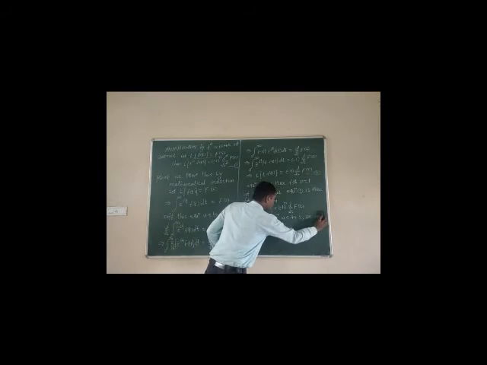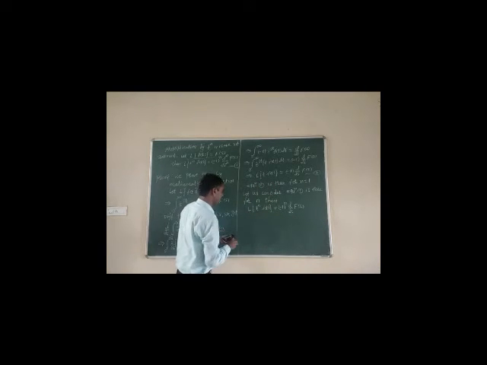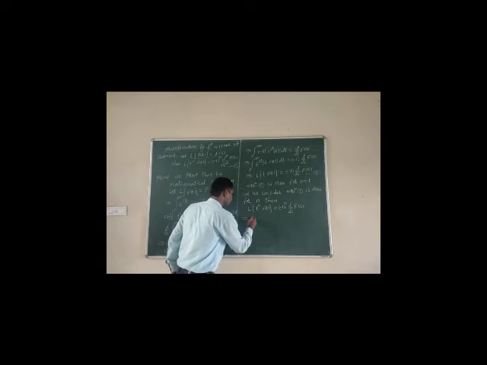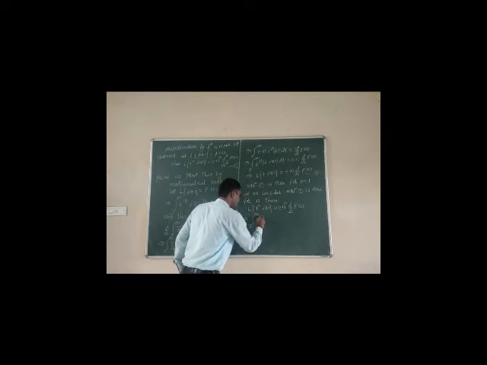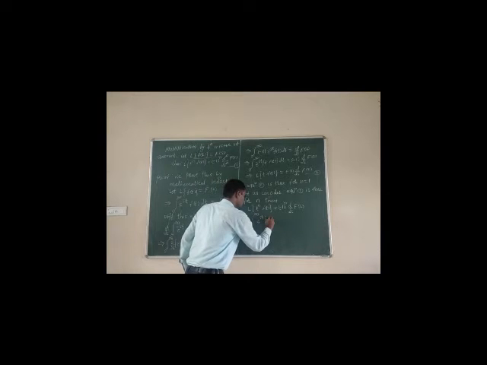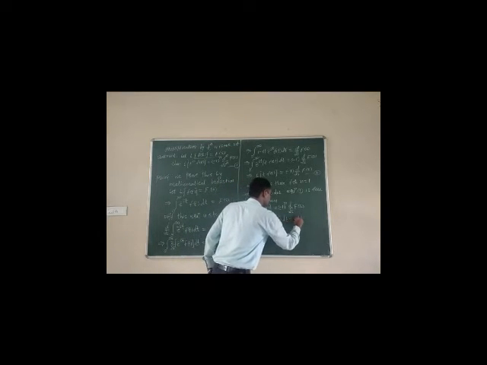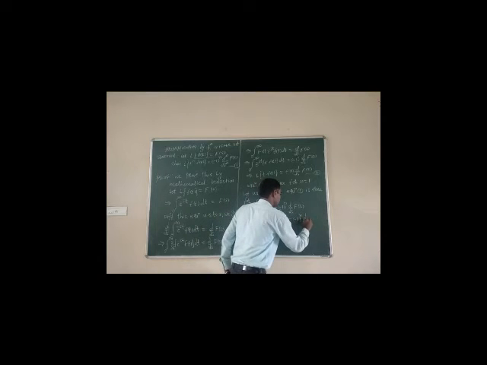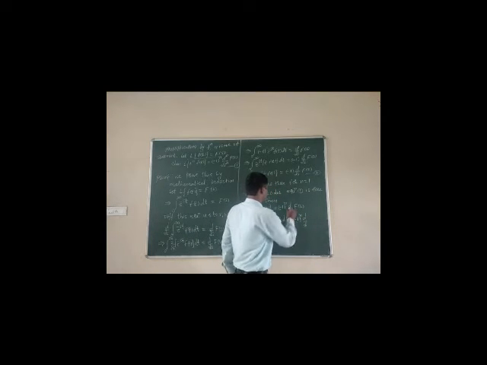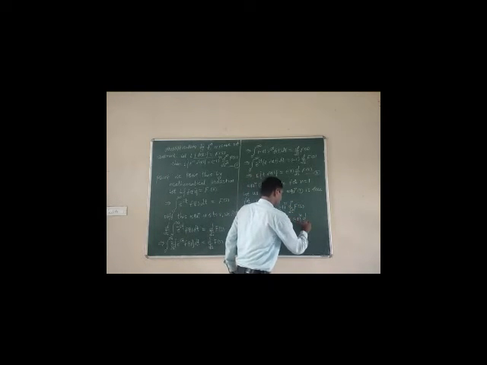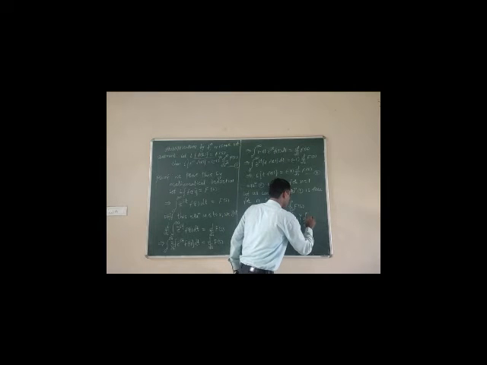Before differentiating we have to apply the definition, that is, this implies integration 0 to infinity e to the power minus st into t raised to power n into f of t dt is equal to minus 1 to the power n into nth derivative with respect to s of F of s.